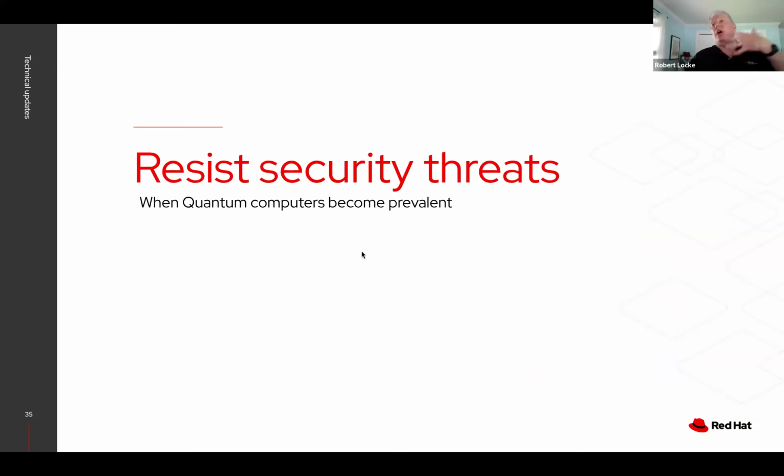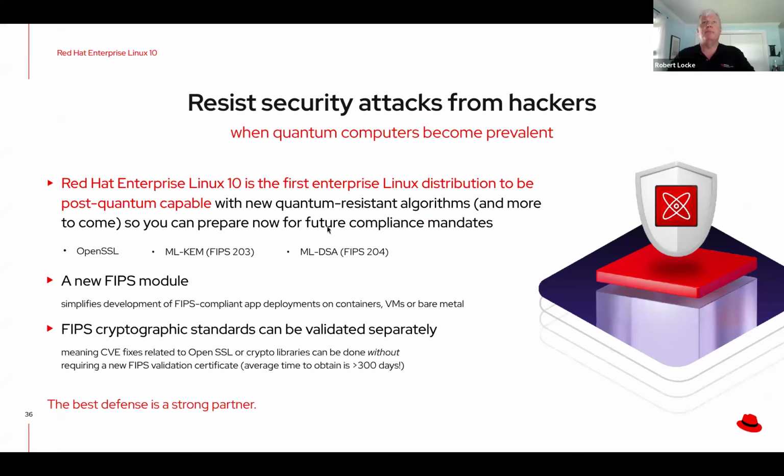All right, so another one of the threats. Security is always important, but in RHEL 10, we're making some improvements to prepare you for some threats that may be years away with the developments around quantum computing.